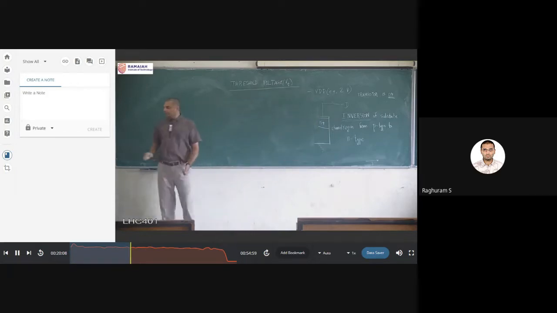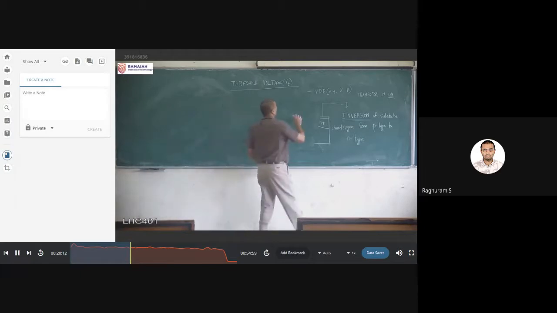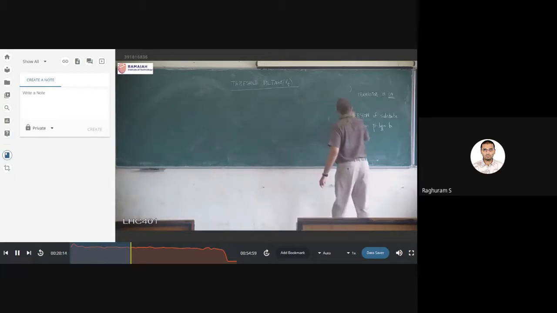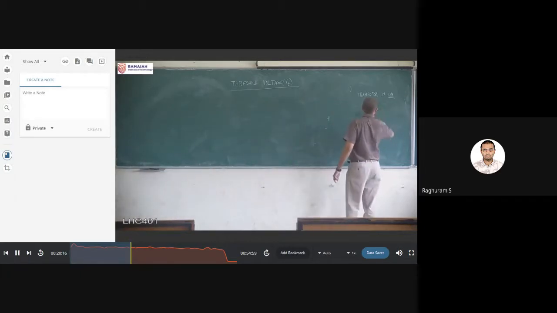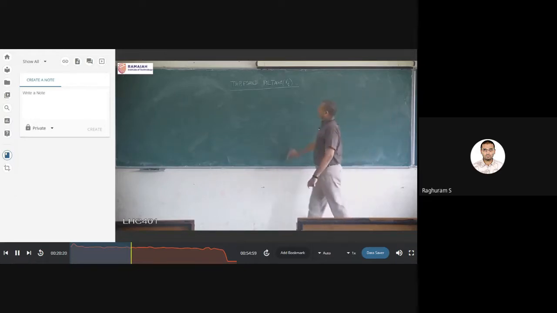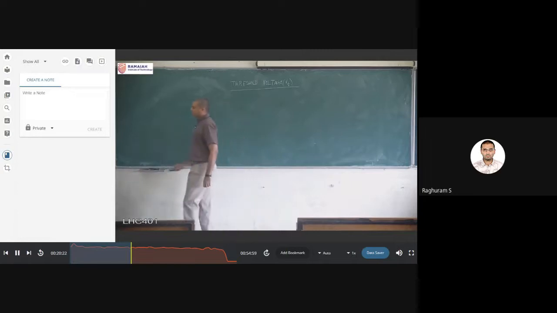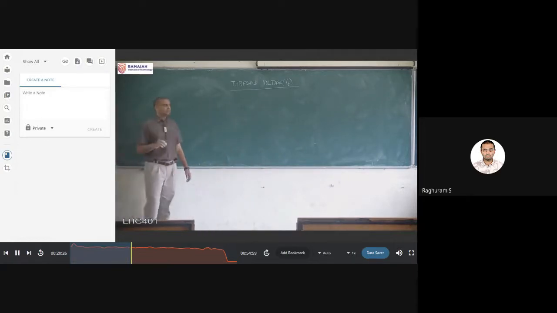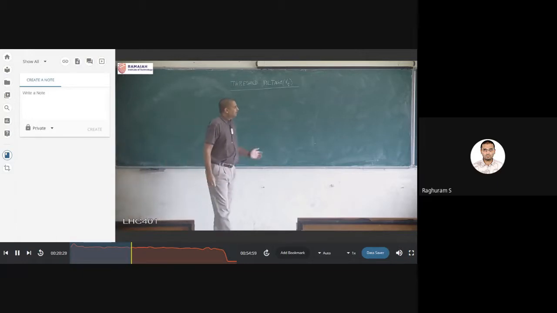It is some voltage. It is going to be some value, some volts, maybe 1 volt, 2 volts, etc. And this number is very important in terms of the numericals and everything else. So we'll just try to understand what is the meaning of this threshold voltage.